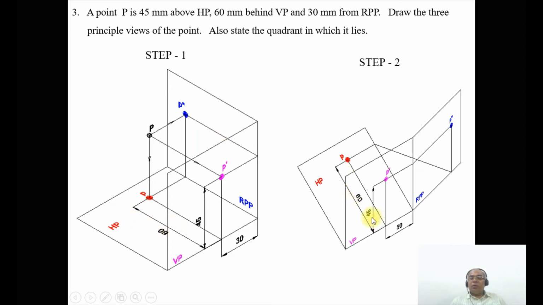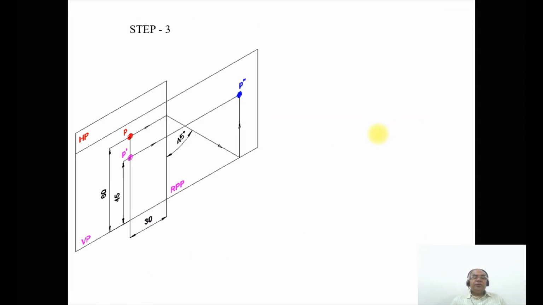As we start rotating, what happens? Behind VP is getting vertical. Now as you see in the side view, in step 3, you can see that P dash will be here, which is vertical, and P also becomes vertical, which is 60 mm. So HP and VP are both on the same plane, and it is overlapping.